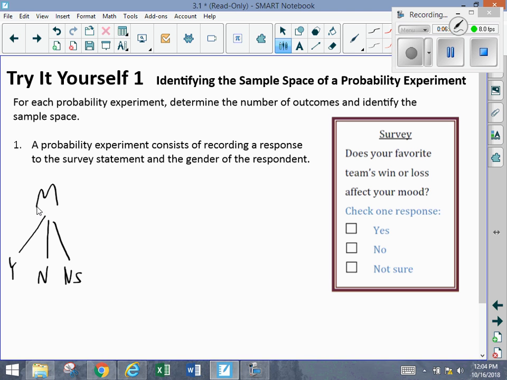If you identify as female, then you could answer yes, you can answer no, or you could answer I'm not sure. Does your favorite team's win or loss affect your mood? It's either yes, no, or not sure.